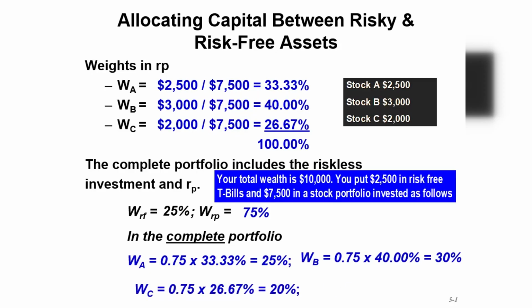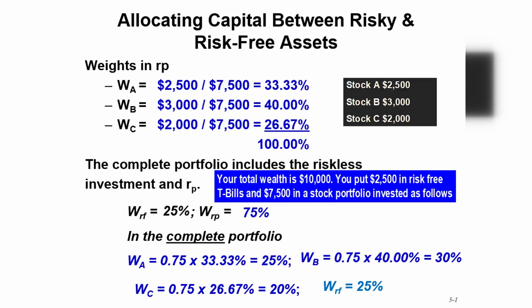Here we break it down. What portion of the risky portfolio is in each stock? Stock A is 33.33%, B is 40%, and C is 26.67%. Then we adjust those weights for the entire portfolio.